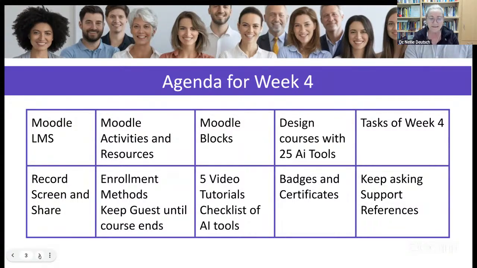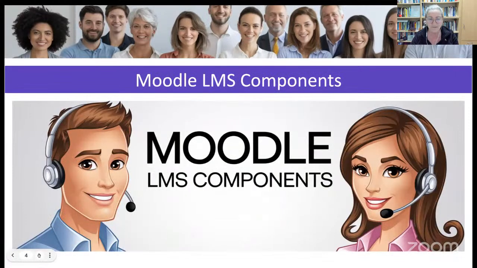Enrollment methods: keep guests until the course ends. For now, you'll be adding 4 participants to your courses using the manual enrollment method. 5 video tutorials, a checklist of the AI tools that you'll be viewing, badges and certificates, and of course, support and references.